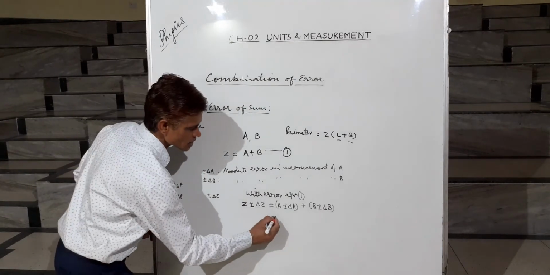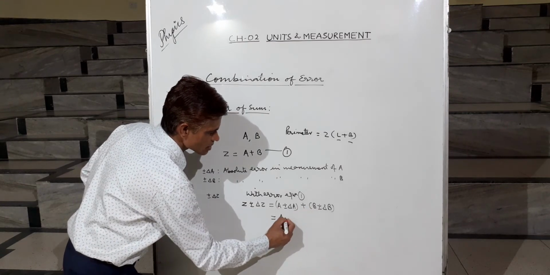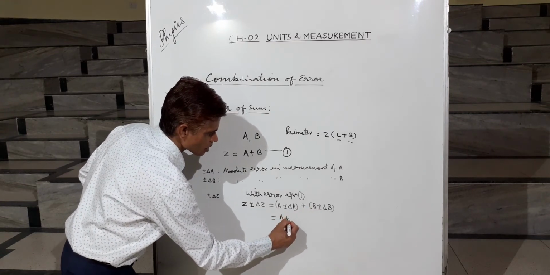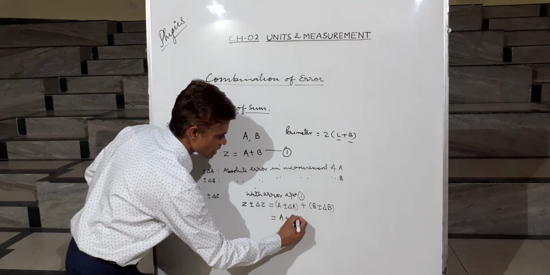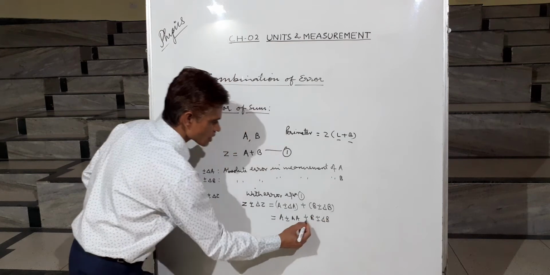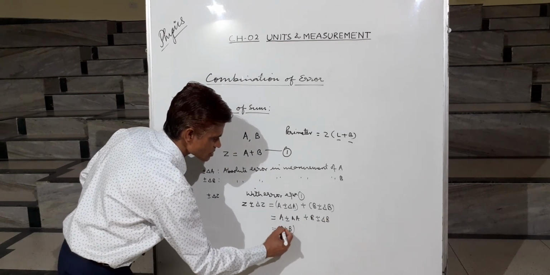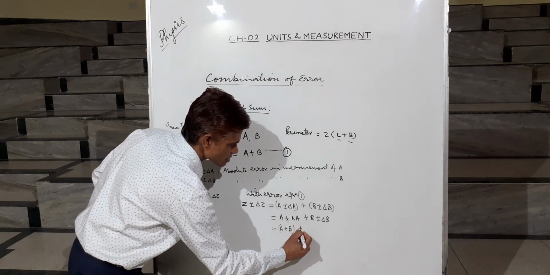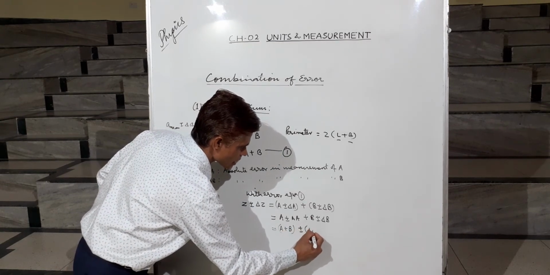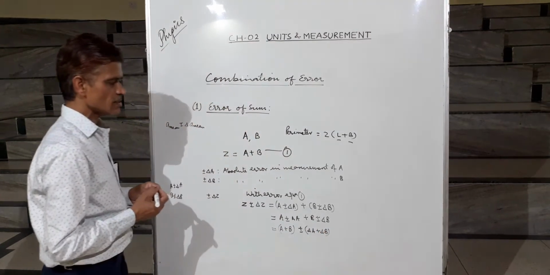When we open this bracket, we get A plus B, plus minus delta A, plus minus delta B. Taking A plus B together, we write A plus B, and keep inside the bracket, plus minus, delta A plus delta B. We can write it in this way.